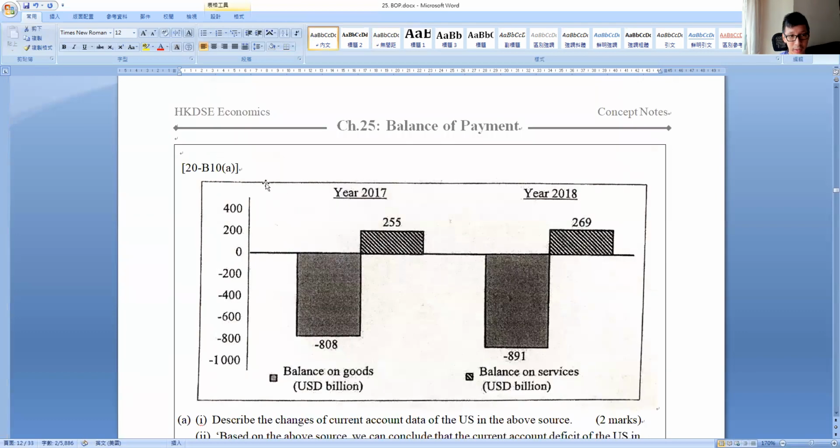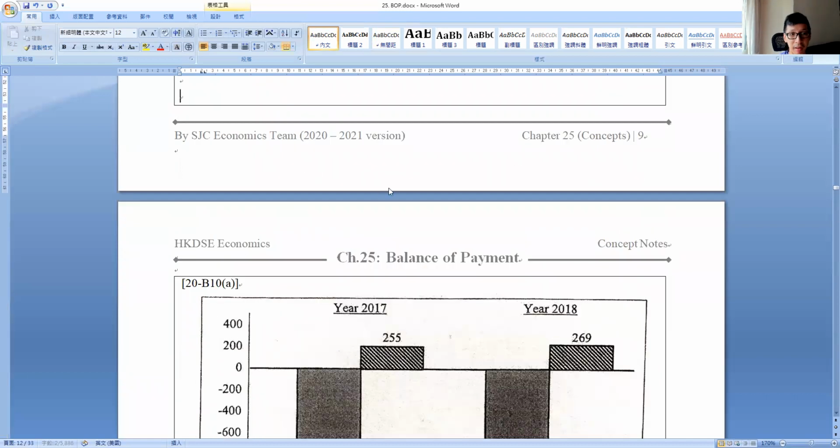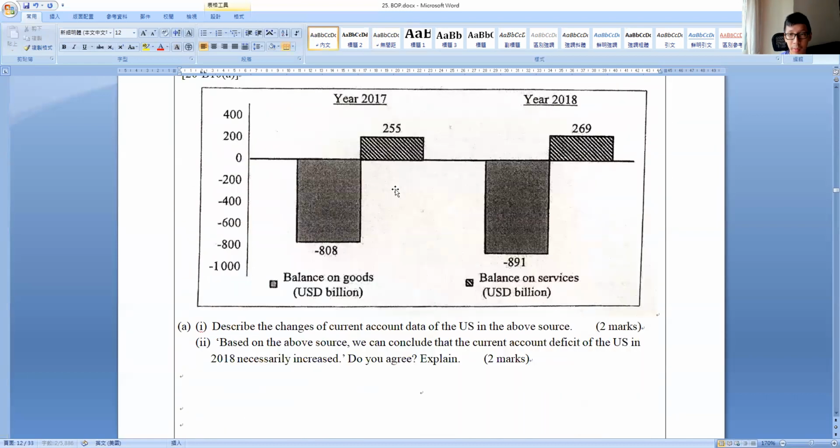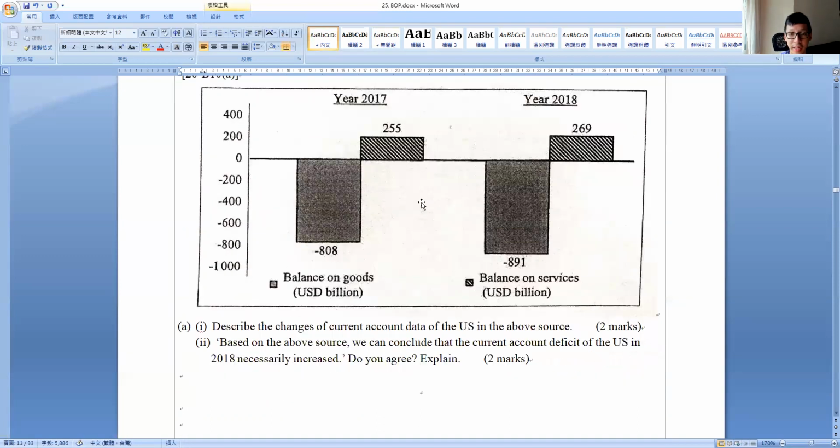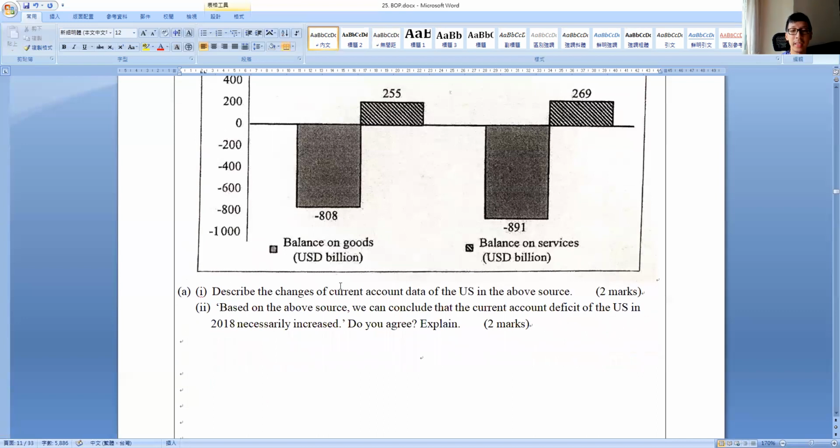Okay, one last question, and we'll end our video here. One last question will be on the previous page, 2020, fresh and hot. Okay, now you are given a graph like this. So A1, describe the change of current account data in the US. How do you describe balance on goods?